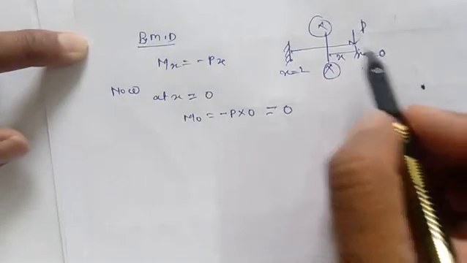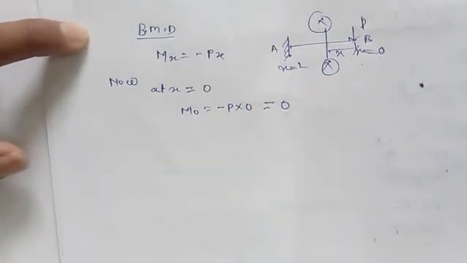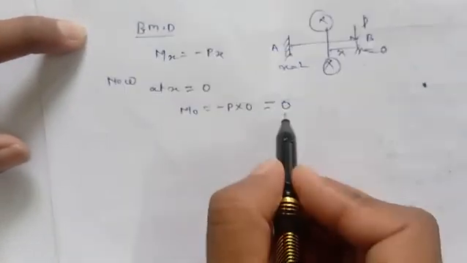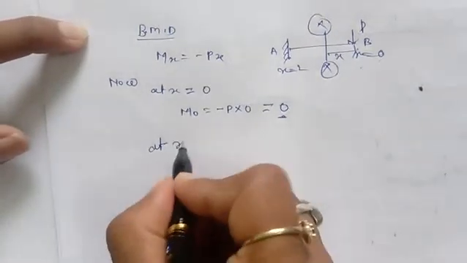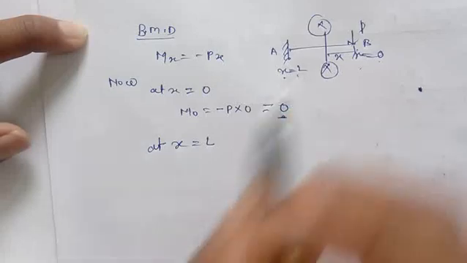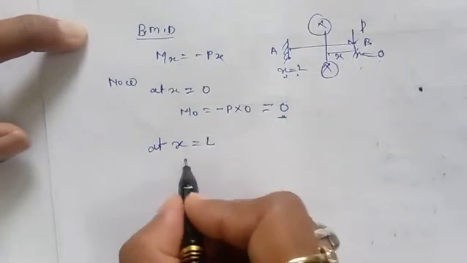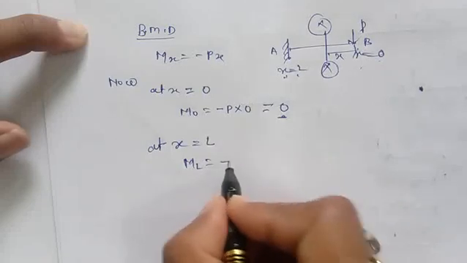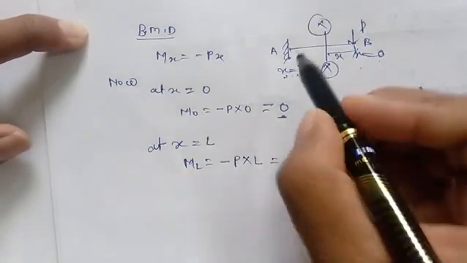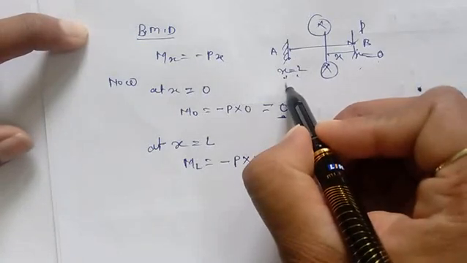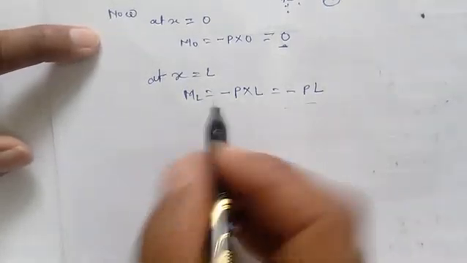So x is 0 means at the point B, this is A, at point B the moment will be 0. Similarly at x equal to L, up to the entire length of the beam, M_L is minus P into L. So this is PL, meaning at this point A the bending moment will be minus PL. So this was the calculation.